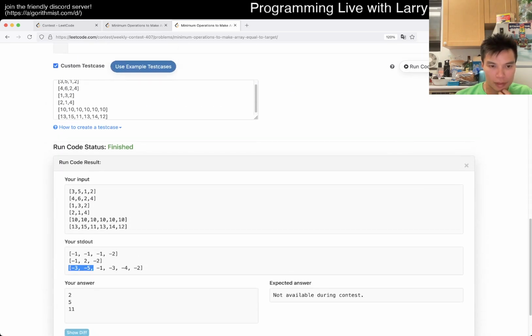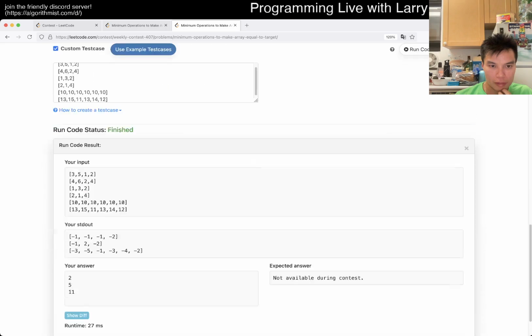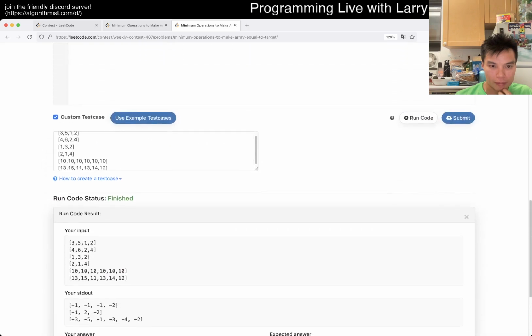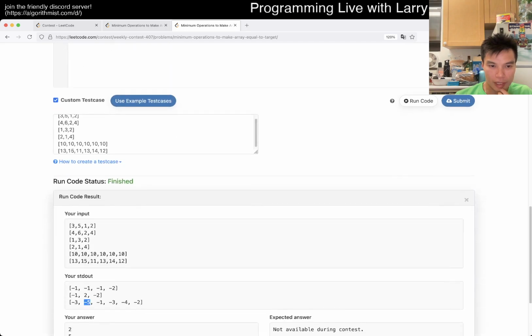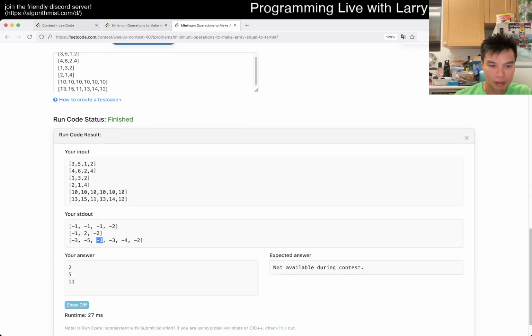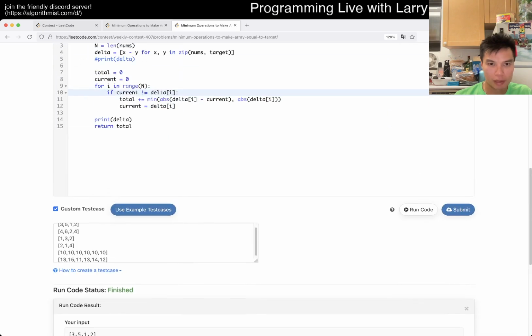It's -3 and then now, okay, so it goes to -5, which is fine, we increment. And -1, that means that we stopped, right? So we actually, yeah, that's maybe, okay.